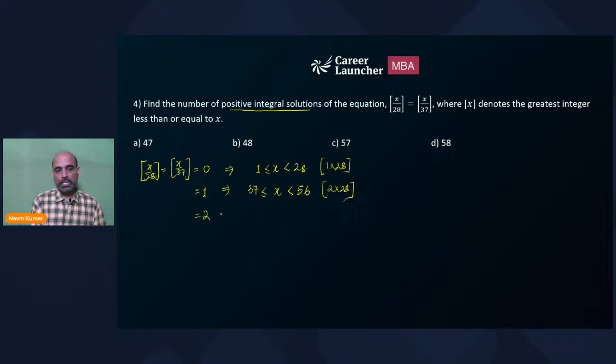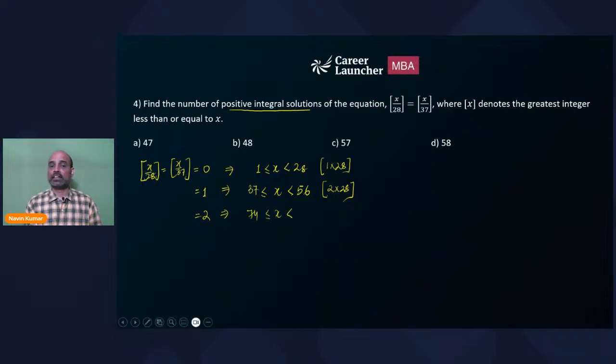Now they are going to be equal to 2. Now for 2, I need to have x by 28 is 2, x is 56, no problem with that. But x by 37 has to be also 2. X by 37 is going to be 2 when x is going to be twice of 37, which is going to be 74. So x is going to be at least 74.